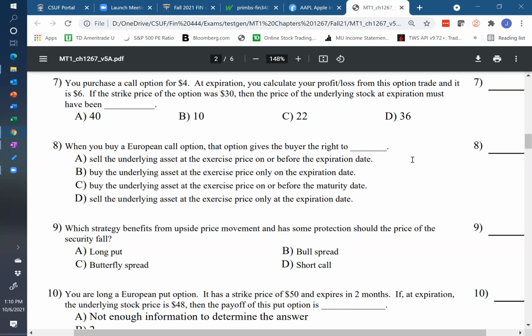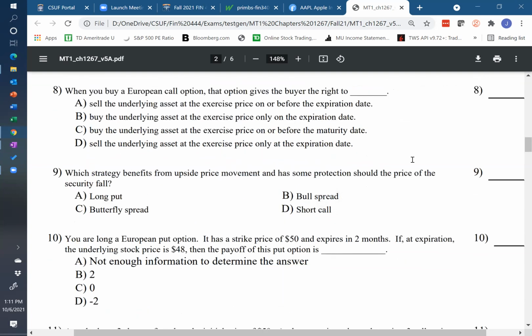So how much in the money was the option at expiration? $10. Does everybody see that? Because we made $6, and that's because we were taking into account the $4 that we paid. So overall, we had to be $10 in the money. If the strike price was $30, then the stock price at expiration must have been 40.